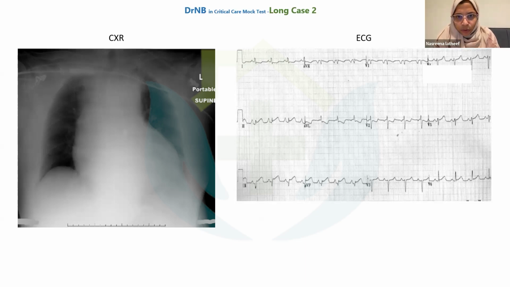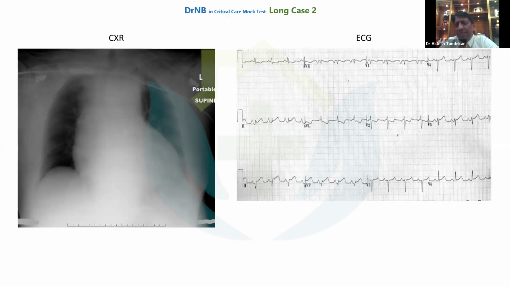And the ECG is showing ST elevation in leads 2, 3, aVF with ST depression in 1, aVL, V1, V2 as well. So, what does that indicate? This could be an inferior wall MI with reciprocal changes in the lateral leads, 1 and aVL.